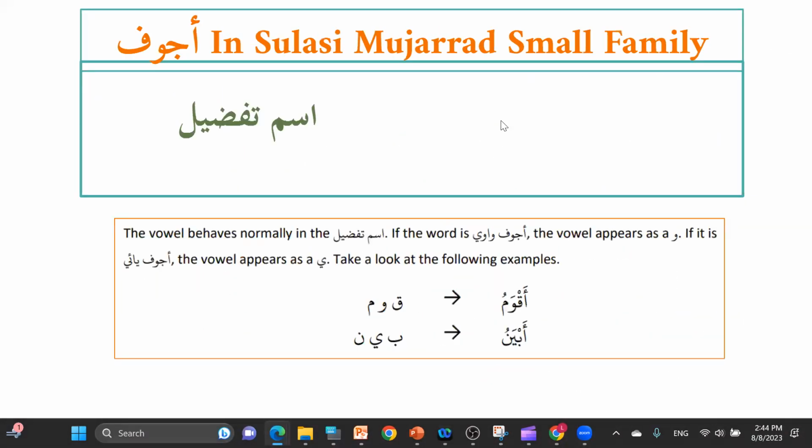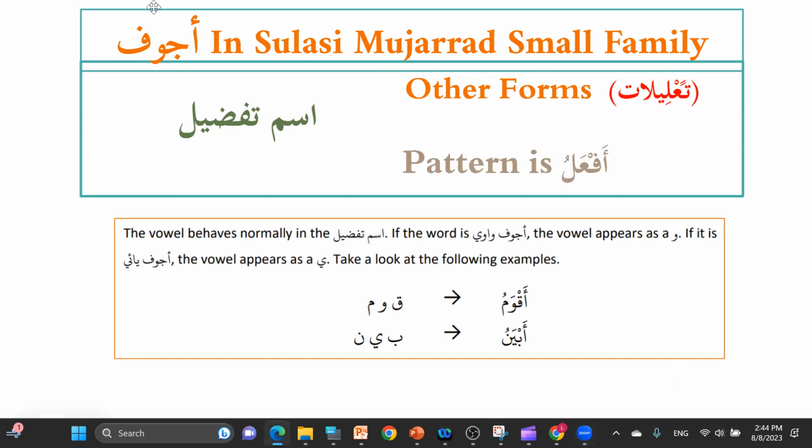Now coming to ism tafdil. We usually don't do ism tafdil in sarf saghir, but just to let you know, the ism tafdil pattern is af'alu, like akbaru.